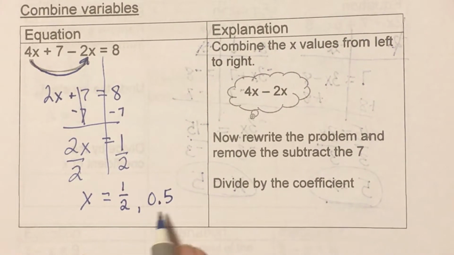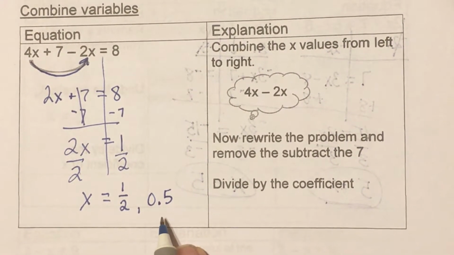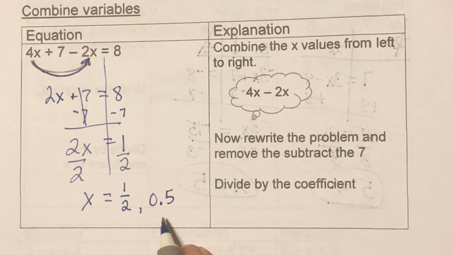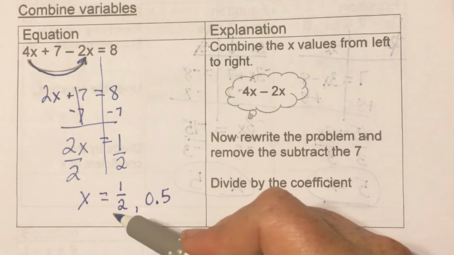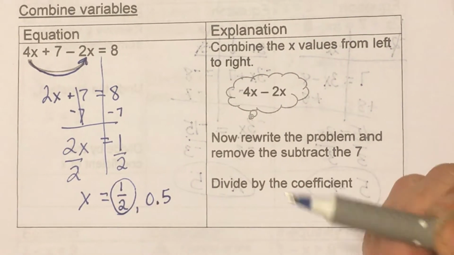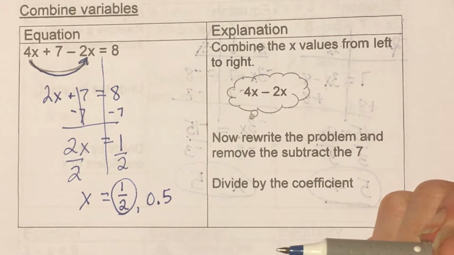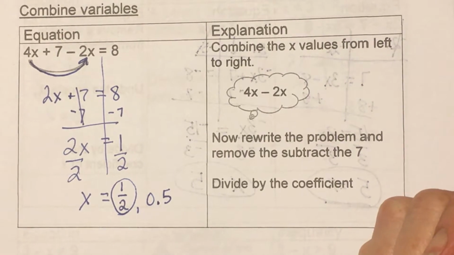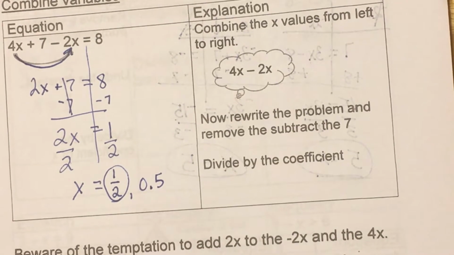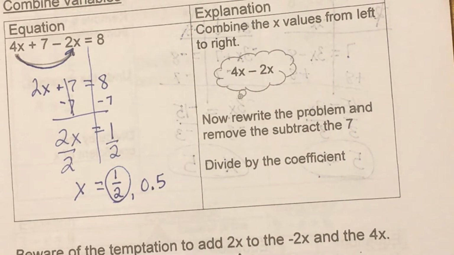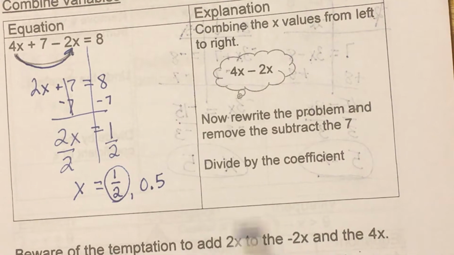Then I'll accept a 1/2 and a 0.5. But if it's like a 0.3333, then it's only an approximate answer. So you want to know that fractions are exact answers, and mathematicians and most of your math teachers are going to prefer exact answers.